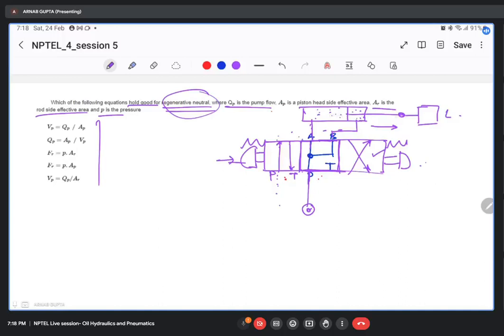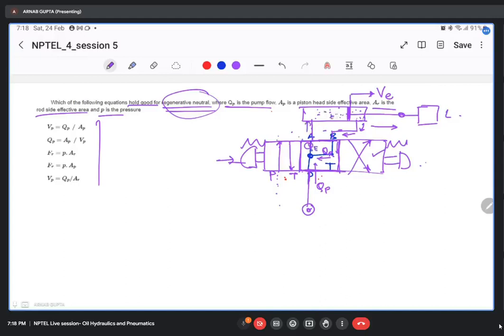Suppose the velocity of this particular piston is VE, the extension velocity. There will be some discharge from this particular port that will merge with the discharge from the pump. Suppose this is your QP and this is your QR, and that goes into this portion.